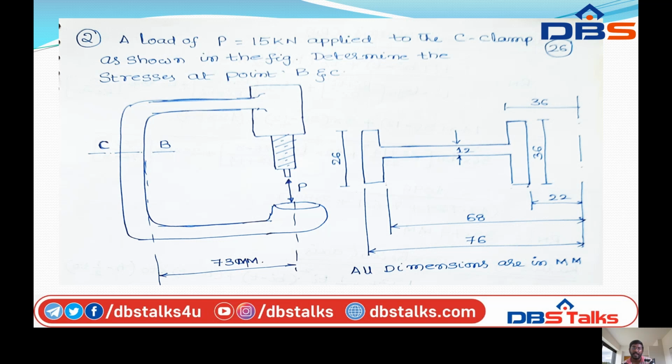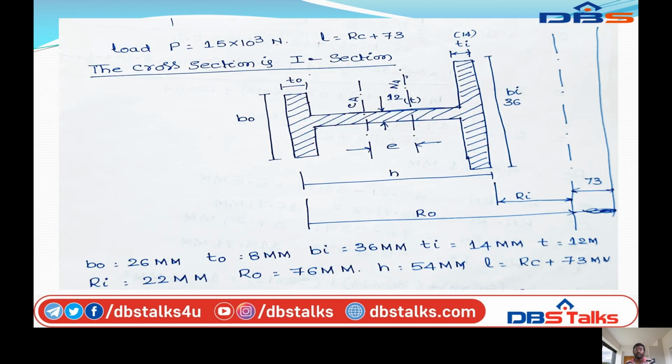So now we can calculate. First of all, we can draw the cross section of the I section. Load P is equal to 15 kilonewton, so you can convert it as 15 into 10 cube newtons. So length L is equal to R plus 73. The I section is given in the Jalaludin data book on page number 4.29.